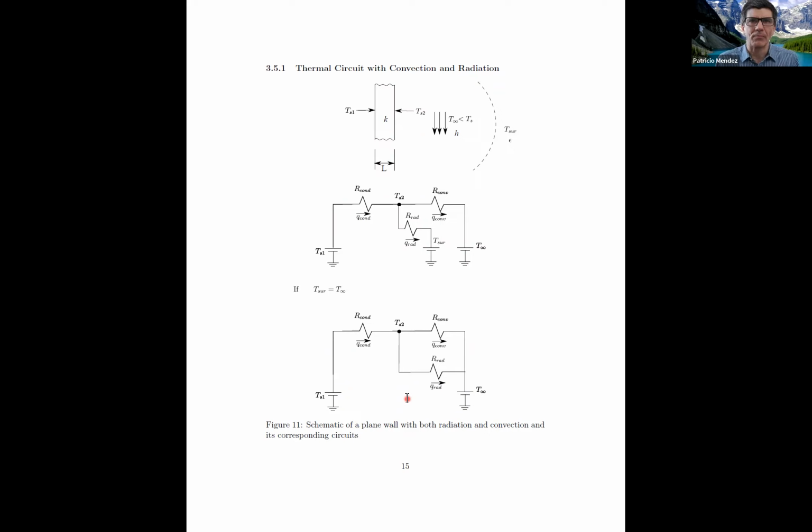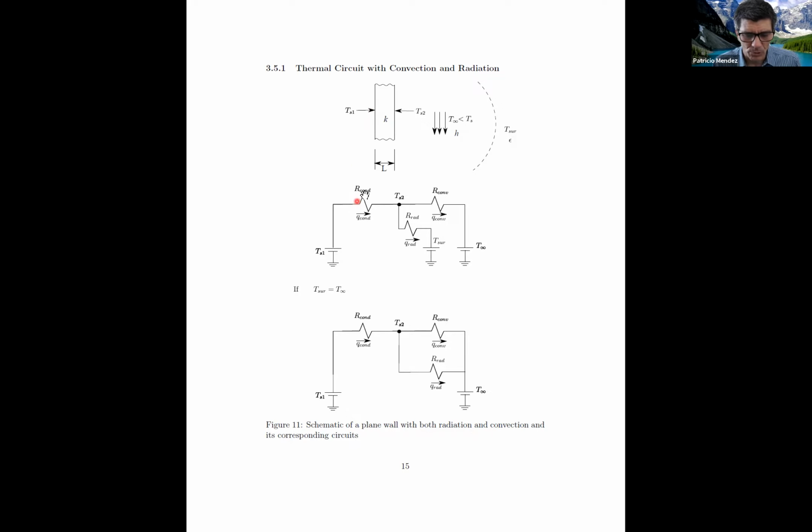Radiation is interesting because radiation goes in parallel. Imagine we have a wall that has convection and radiation. Let's say we know the temperature Ts1 of the wall.